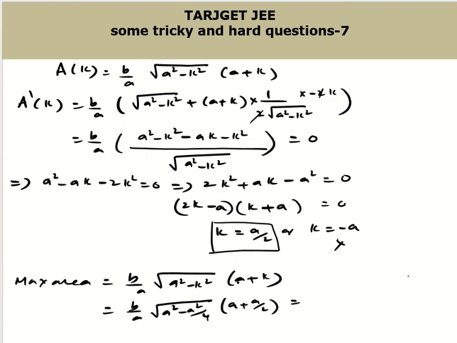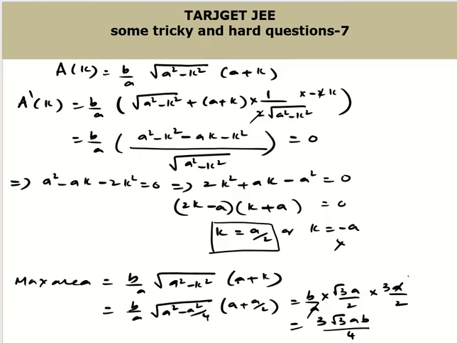So a square minus a square by 4 is 3a square by 4, which gives b by a into root of 3a square by 4, which is root 3 a divided by 2, into a plus a by 2, which is 3a divided by 2. I can cancel a in the numerator and denominator. So the area is going to be 3 root 3 ab divided by 4.